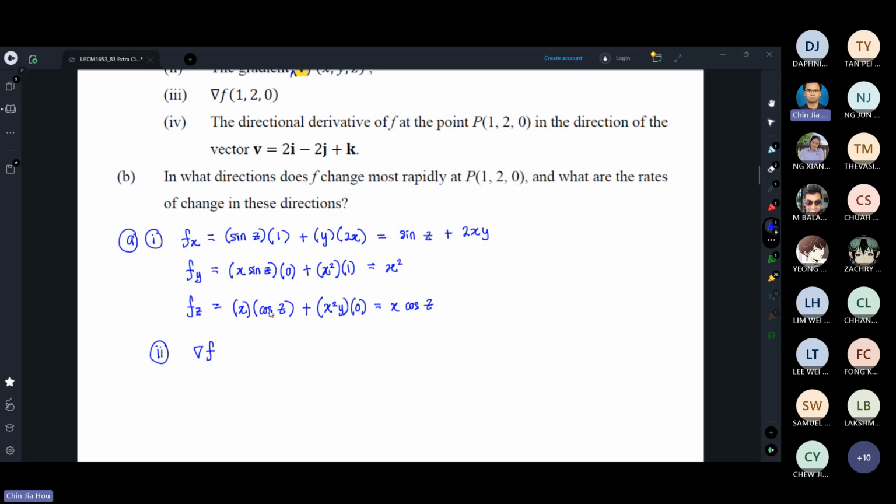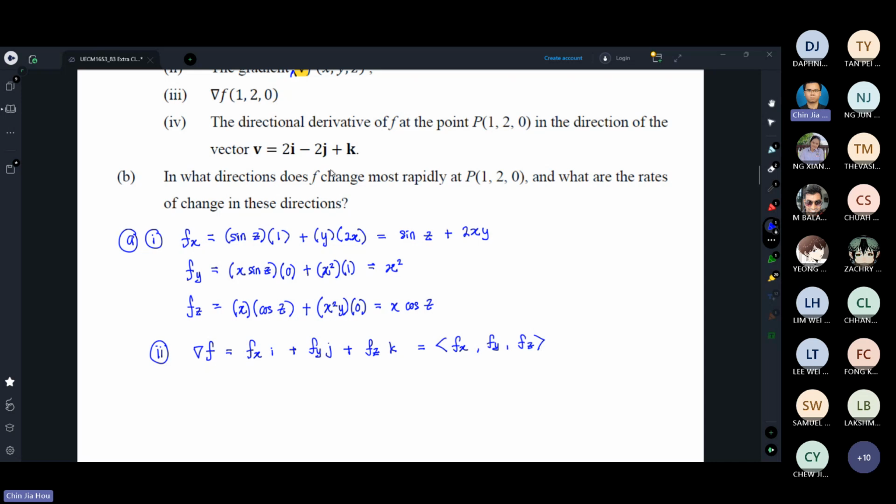The gradient vector, if I write as a formula, is fx i plus fy j plus fz k. If I write in the pointy bracket format for the vector, it is like this: fx, fy, fz.